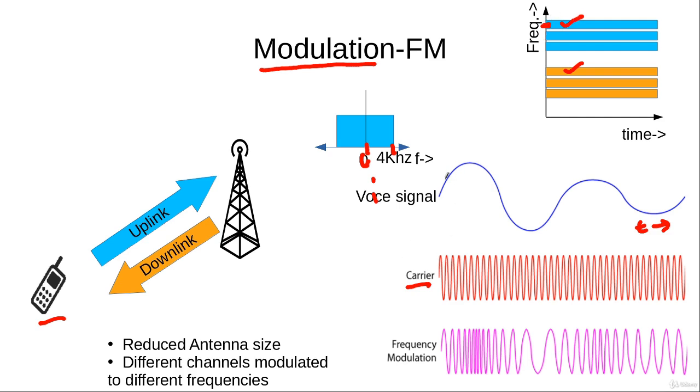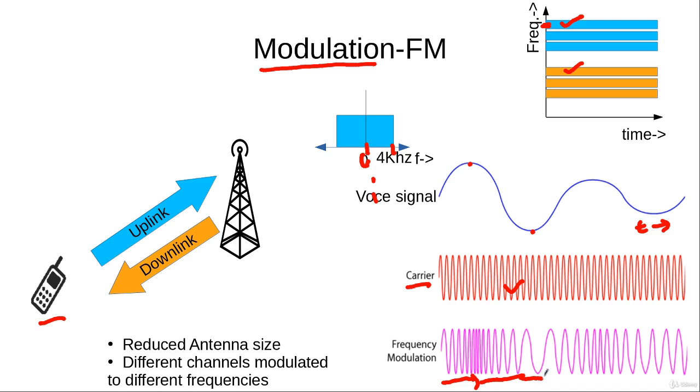Now, in accordance with the change in the amplitude of this voice signal, we change the frequency of this carrier. Here we can see that the amplitude of the voice signal is increasing, so correspondingly we are also increasing the frequency of the carrier, till the voice signal reaches its maximum value. Then the amplitude starts decreasing, so we start decreasing the frequency of the carrier signal.